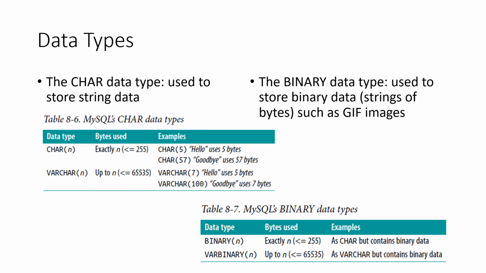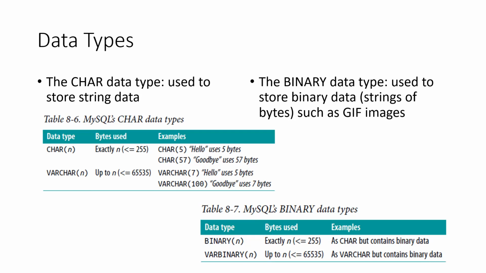For example, if it is hello, it uses exactly 5 bytes, and goodbye uses 7 bytes. But if you allocate varchar 100 and say goodbye, it uses only 7. So that is a rough estimate, and the actual value is slightly different from this, but I don't want to go into that detail. But remember why we have to use them, right?